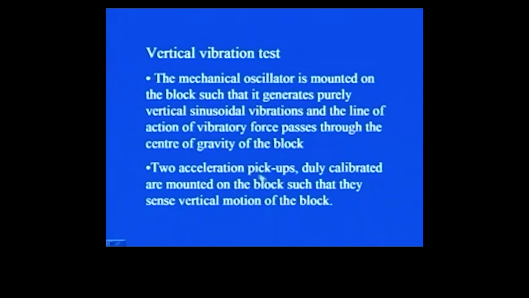Then two acceleration pickups, duly calibrated, are mounted on the block such that they sense vertical motion of the block. So to know exactly how the vertical motion of the block is taking place, these acceleration pickups are also mounted on the block.